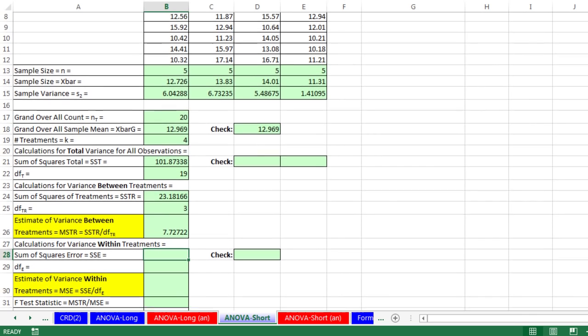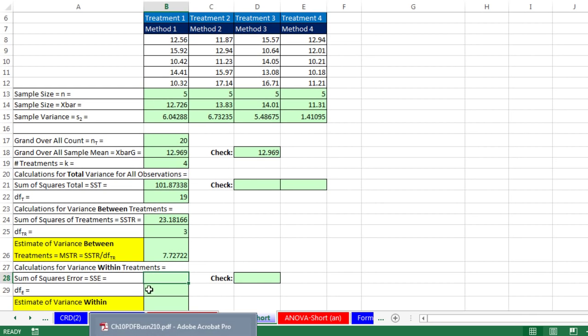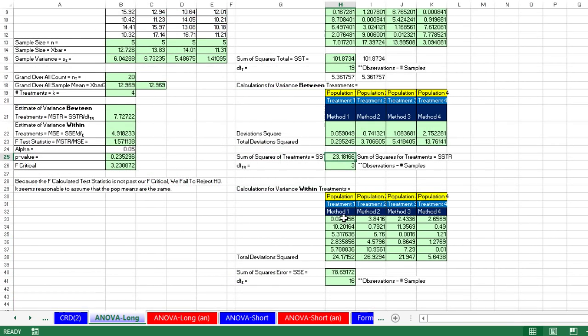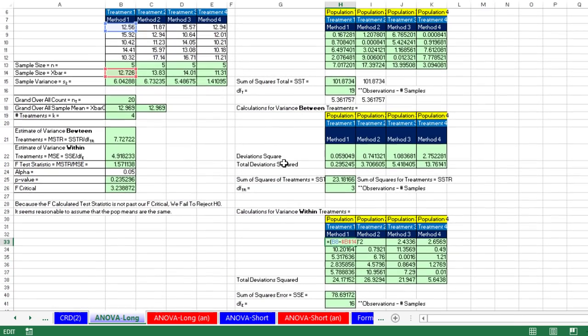Now here's what we want to do here. And we can even go look on the long sheet. Oh yeah, we had to actually calculate the deviation for each one of these. Take each one of these numbers and subtract the corresponding mean. Now notice I'm over here, and I'm going to get this whole column minus that.